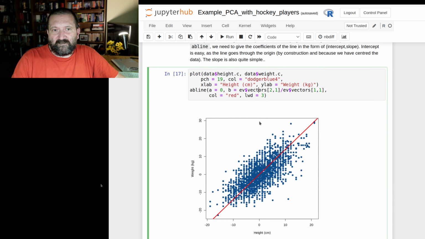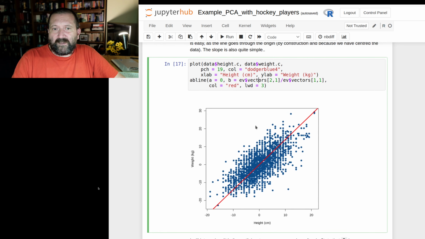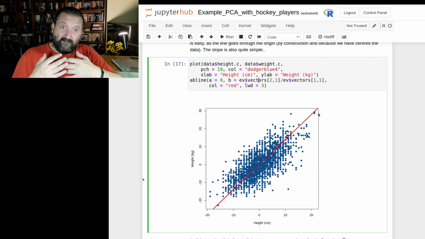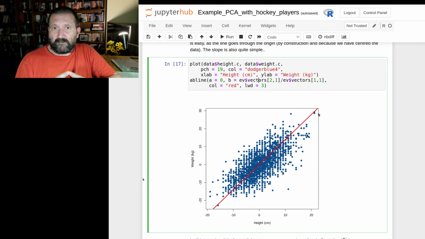Okay, so when I plot the two together, the data and the eigenvector, you can see that this is making sense. Remember that what we are doing when we're computing the principal component analysis and the principal components, so the singular values, we're trying to get the main directions in which the data is changing.